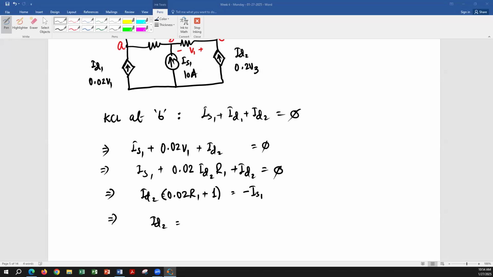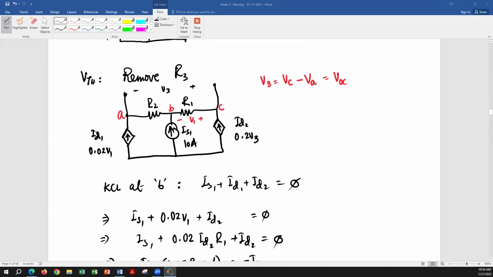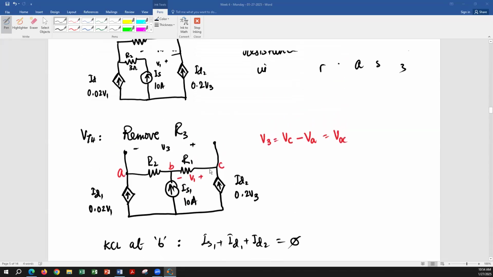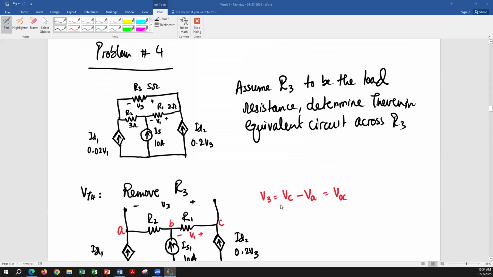Okay, what are my values? R1 is 2, R2 is 3, R3 is 5, and IS is 10.